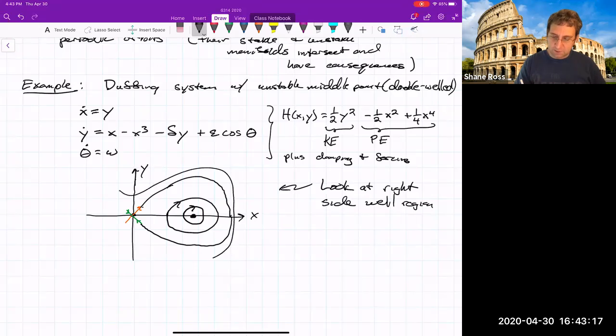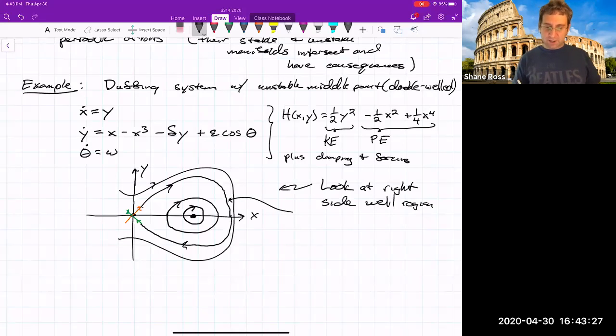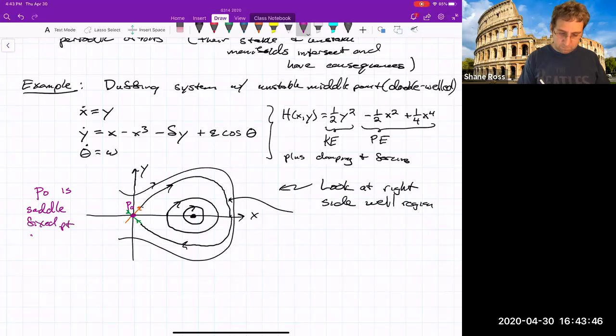And then you've got some other things going on outside of that. This particular curve is made up of the stable and unstable manifold of this point. Maybe I'll call it P0. P0 is the saddle fixed point at the origin.